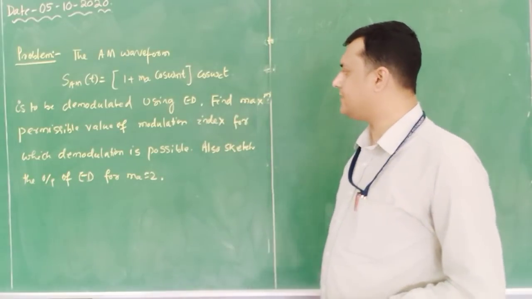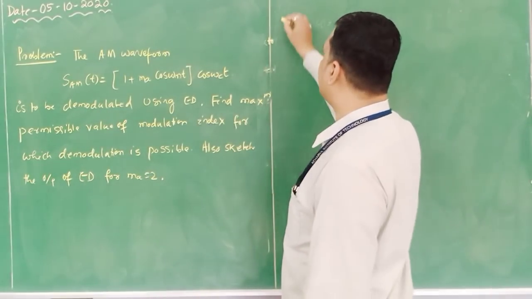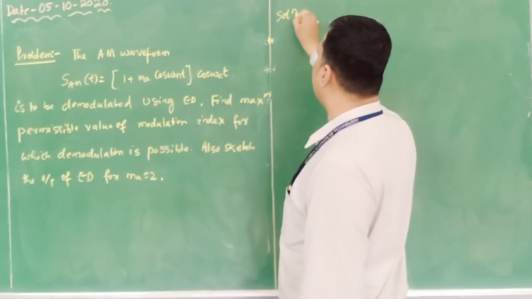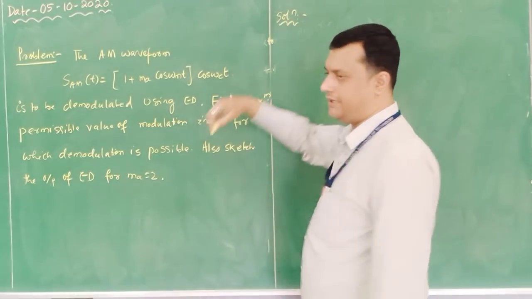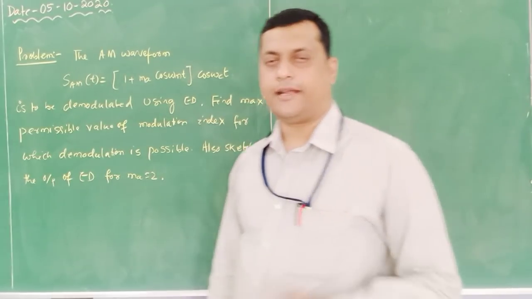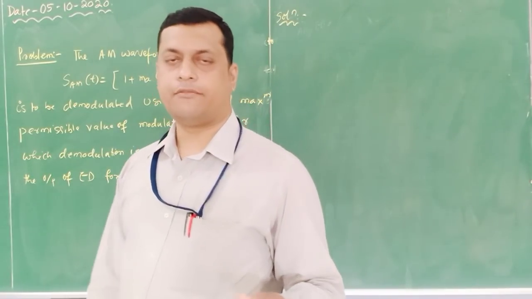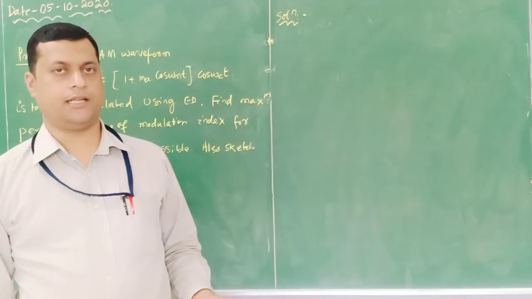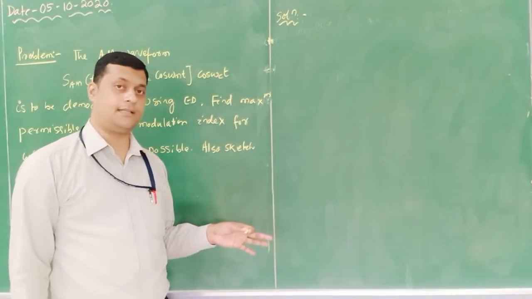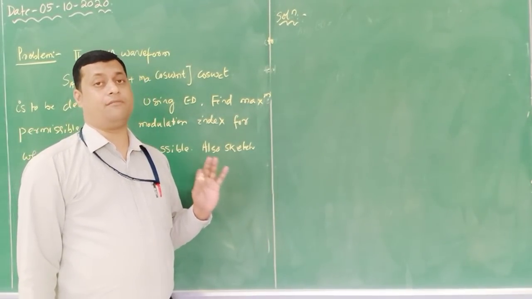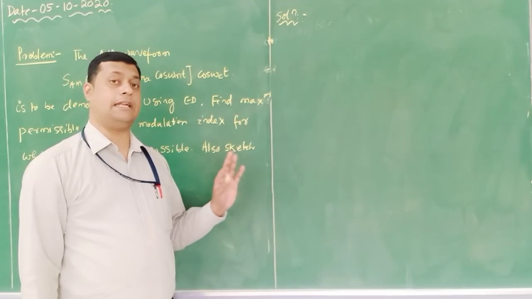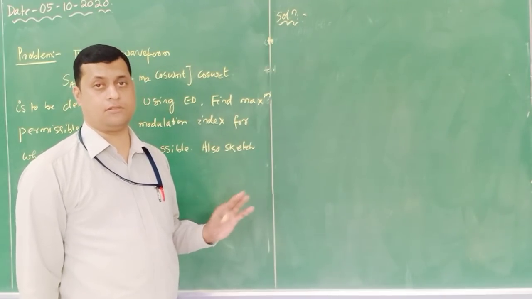Now, in the previous class, and in the previous example also, we have seen that the envelope detector will work efficiently if the maximum value of my modulation index is 1. Okay, MA less than or equal to 1.